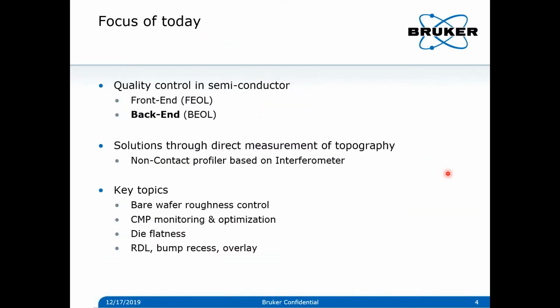Today, the focus is on non-contact interferometric profilers used to measure topography over different kinds of applications we see in semiconductors. The main aim is to go through different topics from the front end all the way to the back end, so we can use the results from interferometric profilers to better control processes in semiconductor manufacturing.